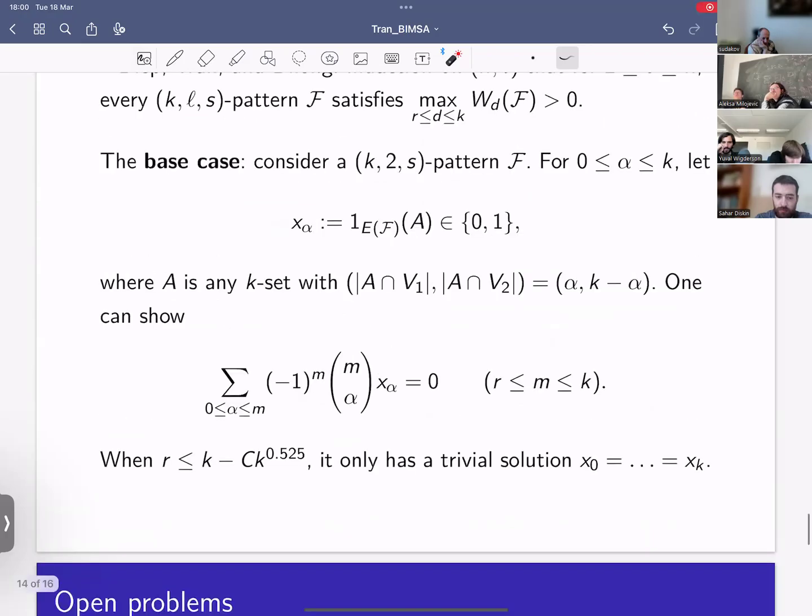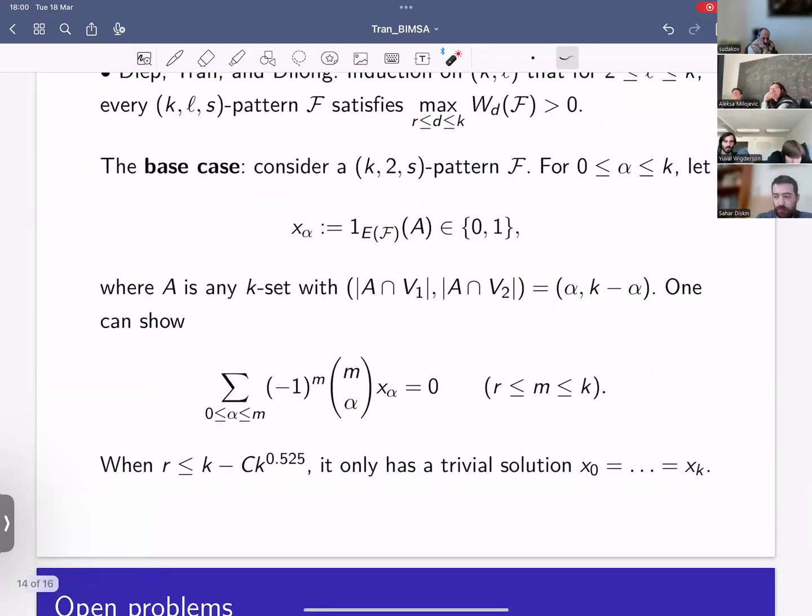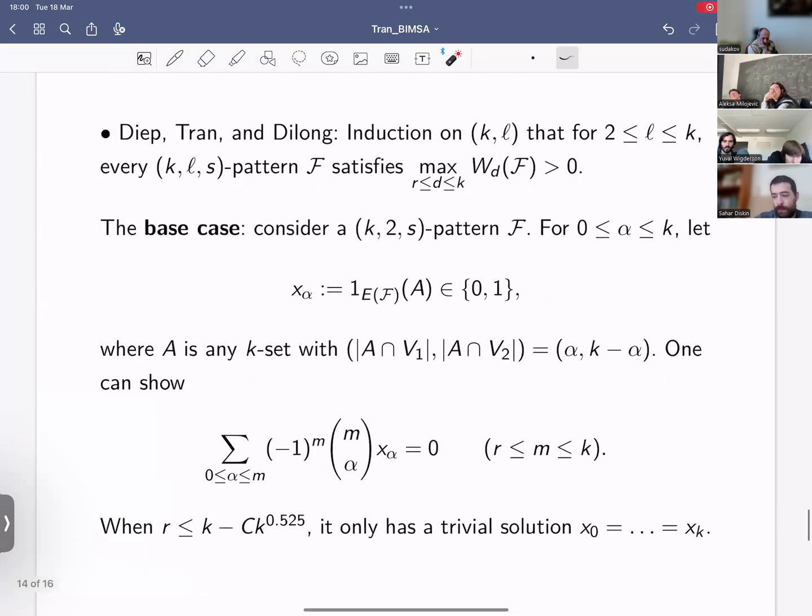So let me very quickly explain what the method is for the base case. So we consider a bipartite pattern. So the number of parts is 2, and we have a k-uniform pattern. And for every alpha between 0 and k, I denote by X_alpha a binary bit.